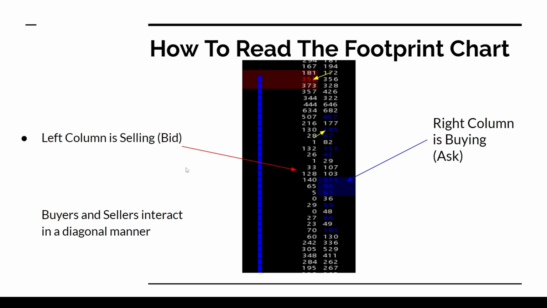Now, it doesn't interact in a horizontal way. It can at times if you watch the depth of market, but the most prevalent way that the market will occur is that it works diagonally. So currently price is sitting here at 28. In order for this to go up to the next price, they need to lift in, and you can see that they lifted in 185 contracts into the offer.